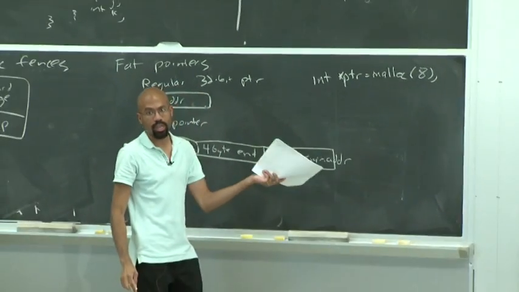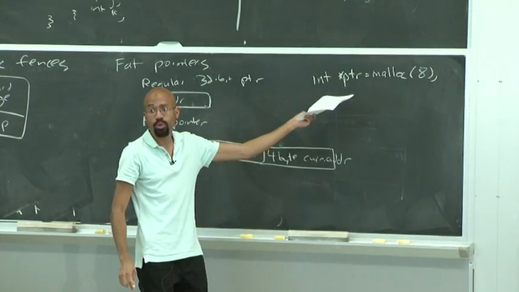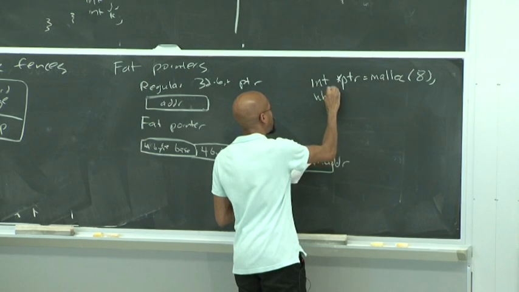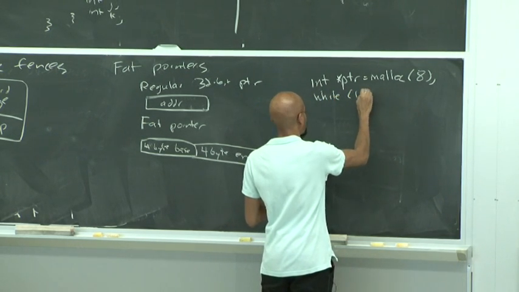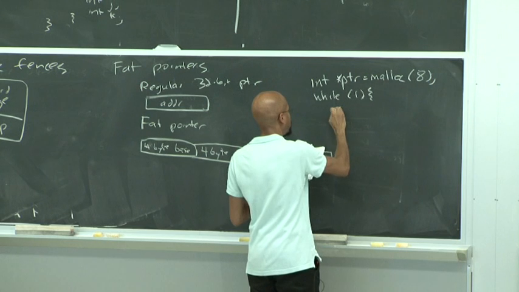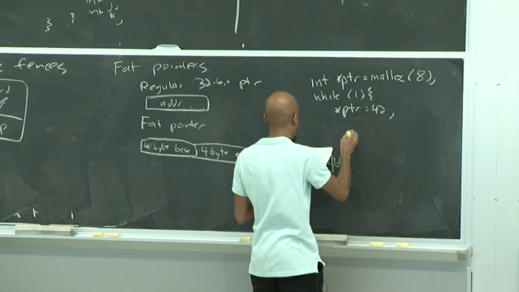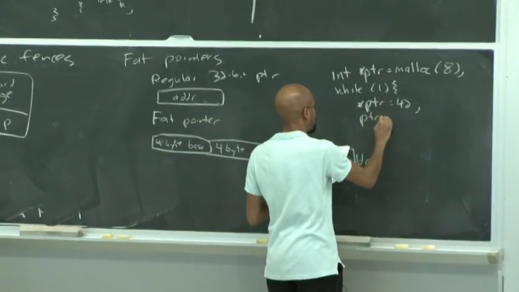Assuming that we're on a 32-bit architecture, it should point to 2 integers. And then I have some while loop that just assigns some value to the pointer, and then increments the pointer.